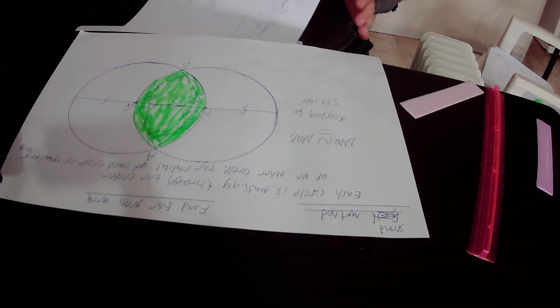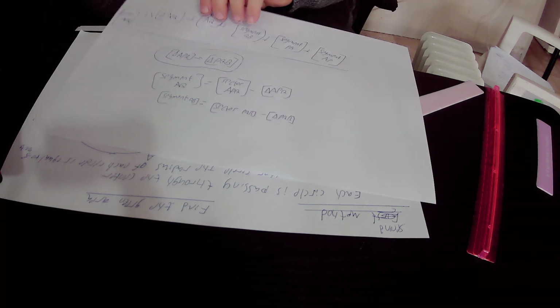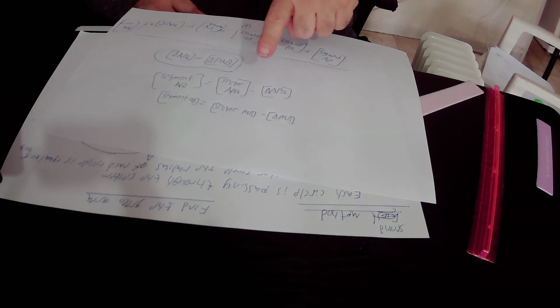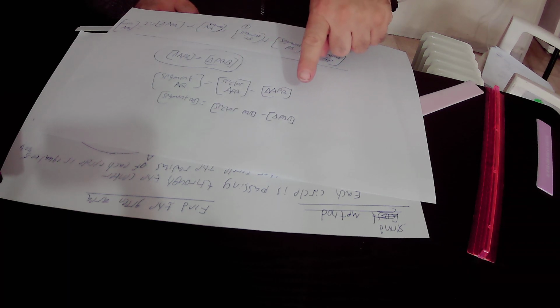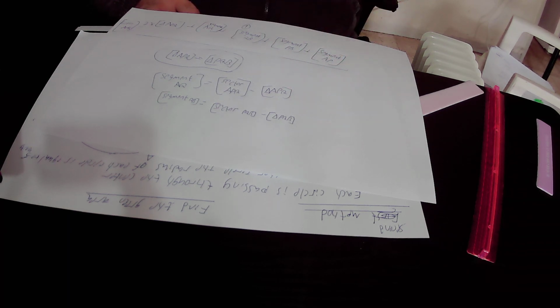Okay, I repeat again. The area of segment PB will be equal to the area of sector PQB minus the area of triangle PQB.